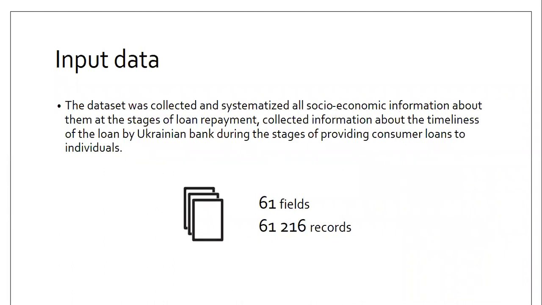And also several words about our input data. It has 61 fields and more than 60,000 records, and it was collected by a Ukrainian bank. It represents socio-economic information about real borrowers.